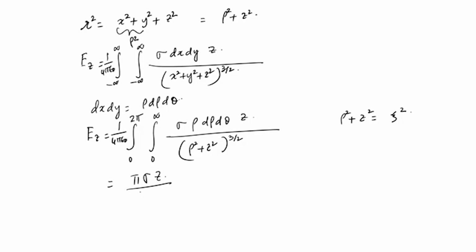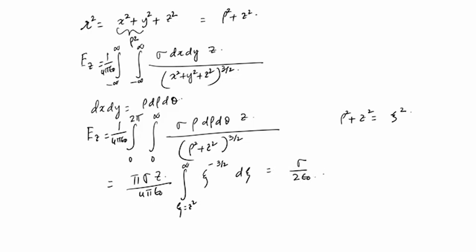So, it is 1 over 4 pi epsilon 0, and we have this integral from zeta equal to z squared to infinity of zeta to the power minus 3 by 2 d zeta, and this is equal to a constant, which is sigma over 2 epsilon 0.